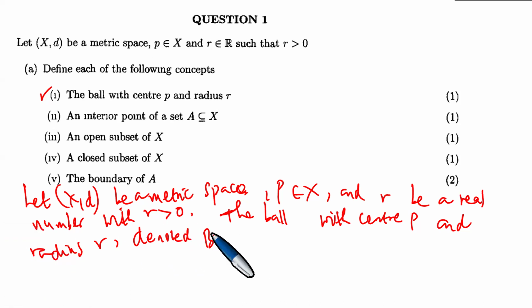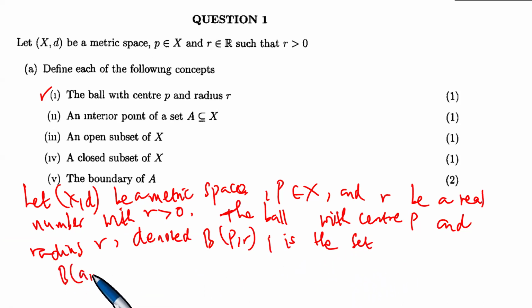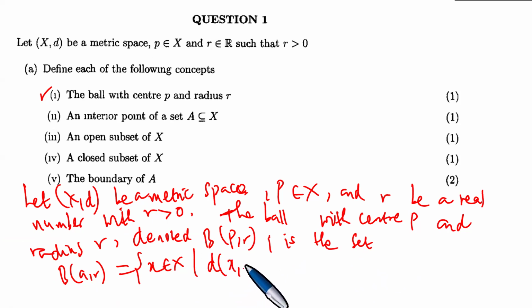B(p, r). So we're going to just play around with these things. B(p, r) is exactly the following set. It is B(a, r), which is the set of x in X such that d(x, a) is less than r.